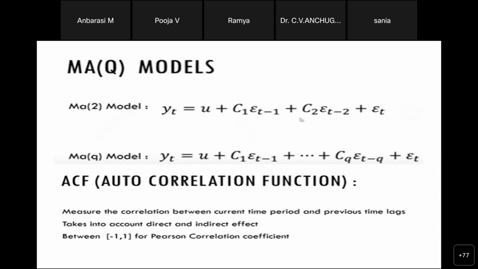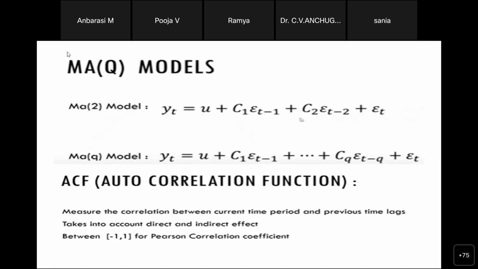For that purpose we go for this correlation. Generally they go for the Pearson correlation coefficient. There, if you get minus 1 it means a negative correlation; if you get 1 it is strongly correlated. If the X value is increased, then the Y value also will increase, so a strong correlation will be there. If it is minus 1, if the X value is in the upward direction, then Y will be in the downward direction. That is what we call the autocorrelation function.